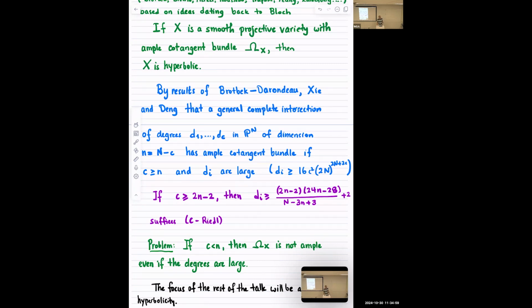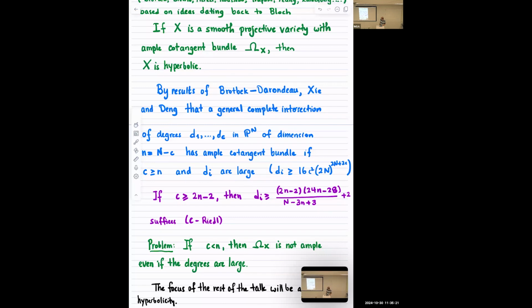So in particular, such a variety is algebraically hyperbolic. As far as I know, the best bounds are due to Deng, and they are of the form like 16 times the codimension squared times 2n to the 2n plus 2c or something like this, right?